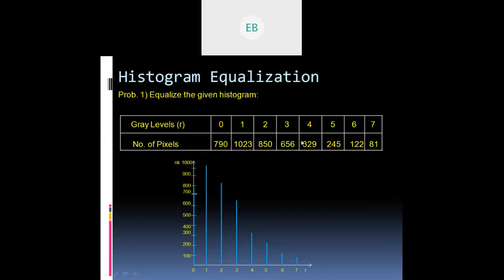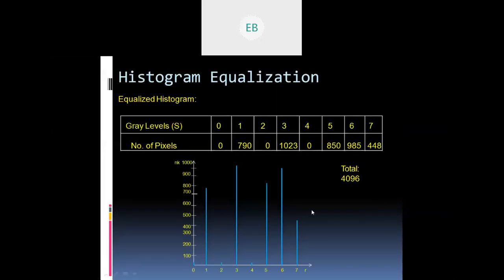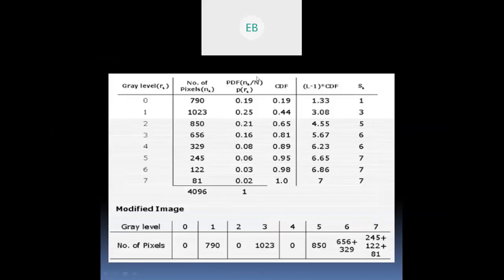So this is for 10 marks, but remember, if it is for the online exam, you will just get the question as this, and you will get options. Suppose this is one option, so it will be asking that given is the following histogram, what will be the output?